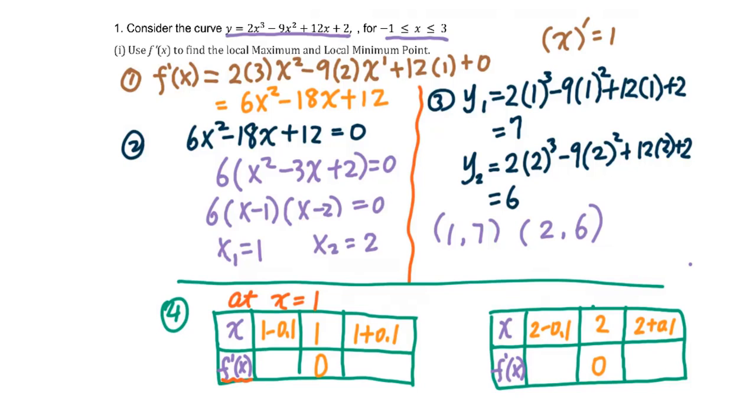That is positive, to 0, then to negative. That means going up, then a maximum value, then going down. Therefore, at x equals 1, there is a local maximum.